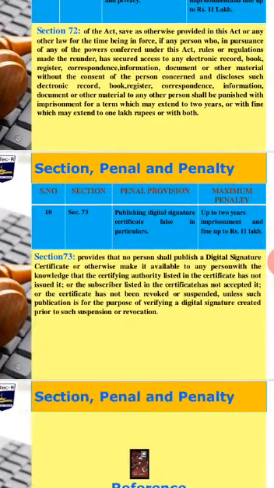And now I am coming to section 73. What does this section say?